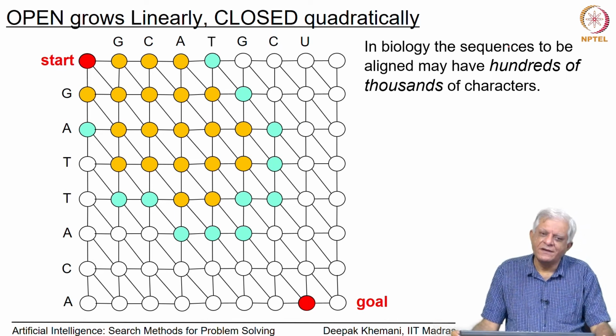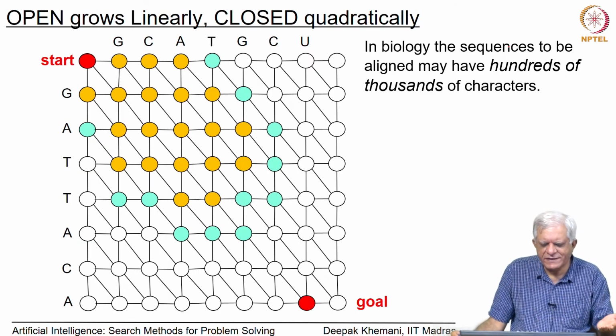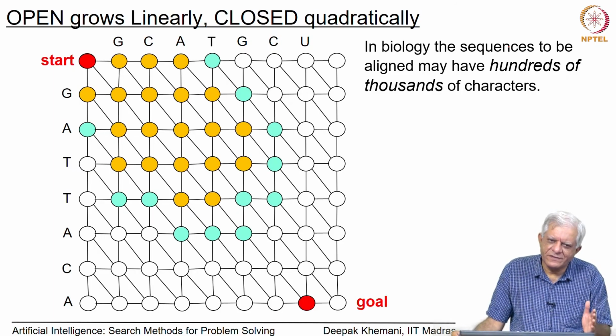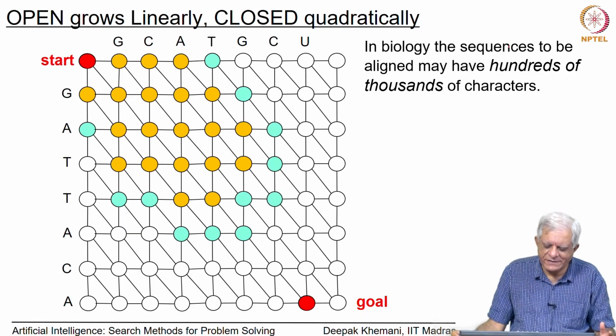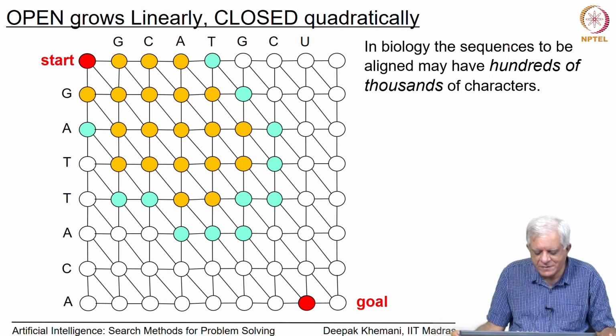Just imagine that if you have 10 raised to 6 characters, then the square of that will take you to a 10 raised to 8 size closed list. 10 raised to 8 is 100 million, and if you have to store 100 million nodes, then maybe you do not have enough memory.